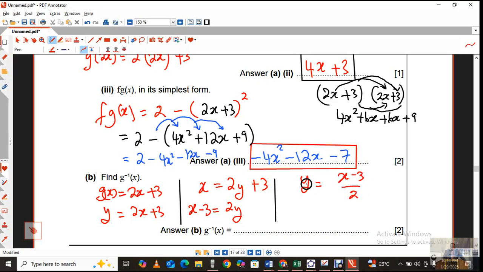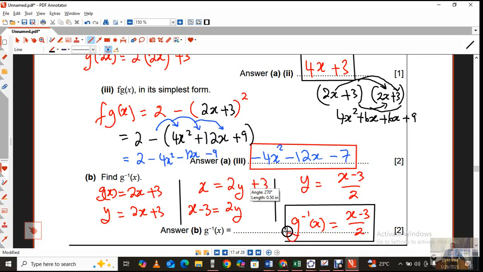But you cannot leave your answer in terms of y. You must now say, therefore, the inverse of that is equal to x minus 3 over 2. And that is the final answer. As I was saying, the 3 should be subtracted and the 2 was multiplied, so it needs to be divided. That's the inverse operation.